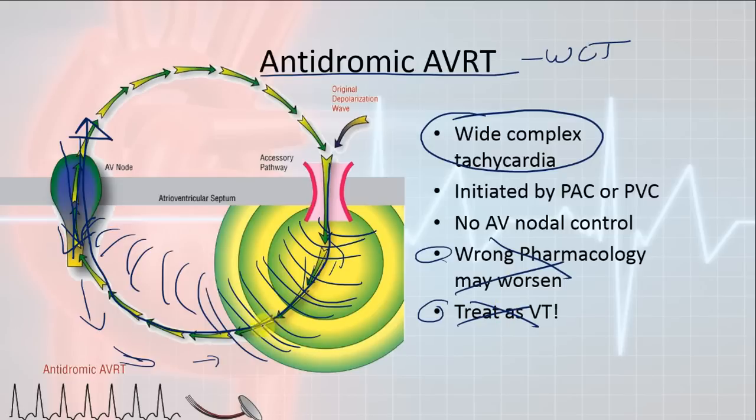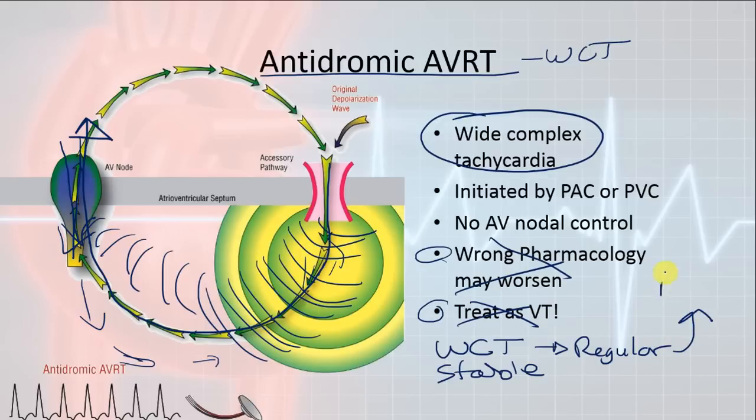If you have a person that has a wide complex tachycardia and the patient is stable and the wide complex tachycardia is regular, then you're allowed, according to the American Heart Association, to treat with adenosine. It is okay to give a round of adenosine to see if it will convert. If it doesn't convert, then you want to start working on other treatment plans. If it's wide and regular and the patient is unstable, you're going to cardiovert the patient anyway.